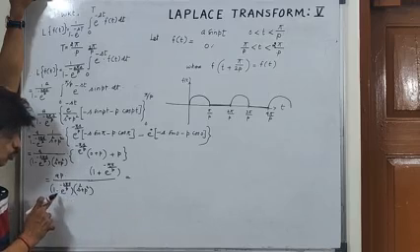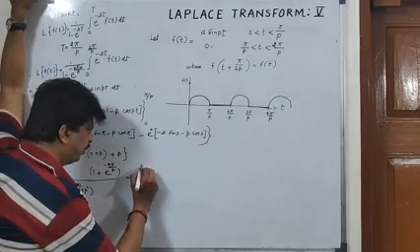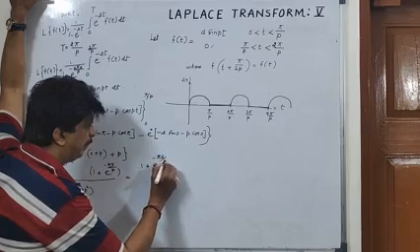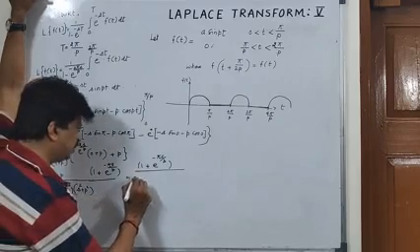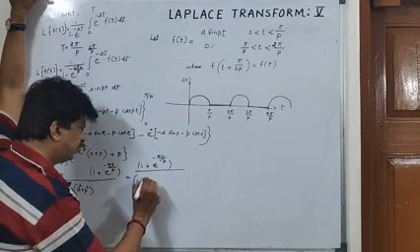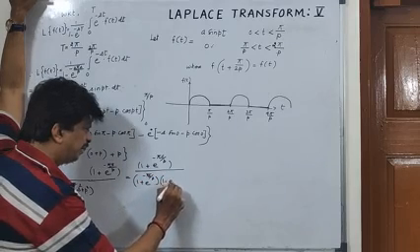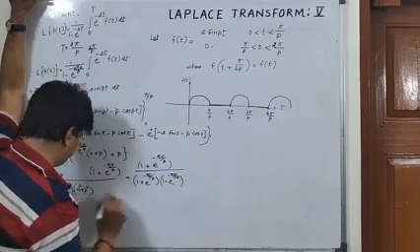So it can be factorized as 1 plus e raised to power minus pi s by p into 1 minus e to the power minus pi s by p, into s square plus p square.